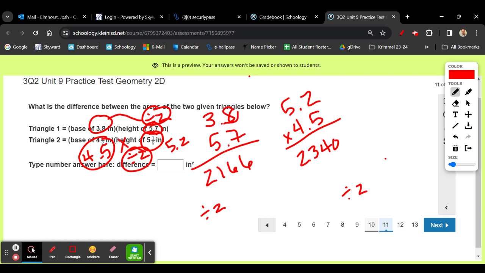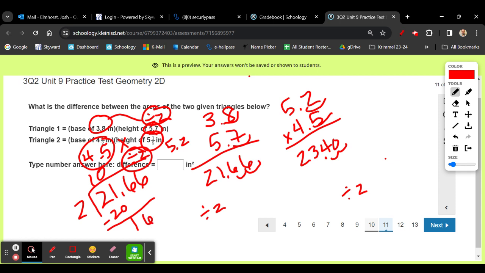And we're going to count our decimal place values. 1, 2, 1, 2. We have 21.66 divided by 2. 2 goes into 21 10 times. So we got 10.83.